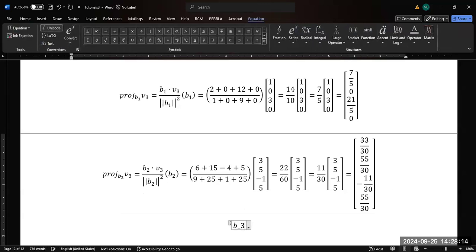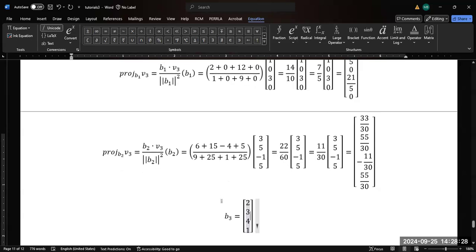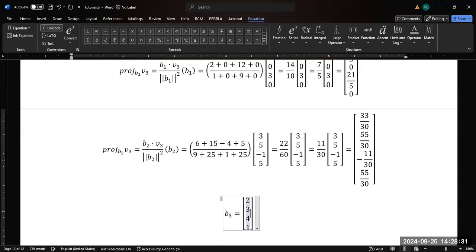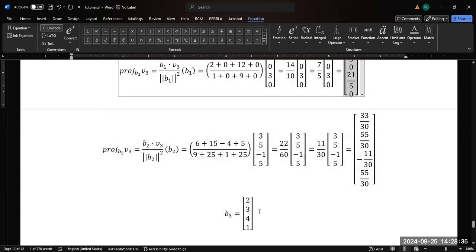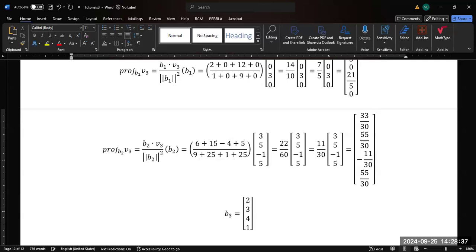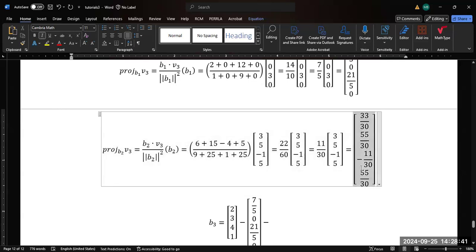And then to get our third vector, we're going to take V3 minus these projections. So V3 was our 2, 3, 4, 1 vector, and we're going to subtract off this vector and this vector.